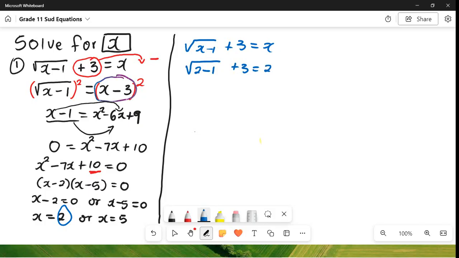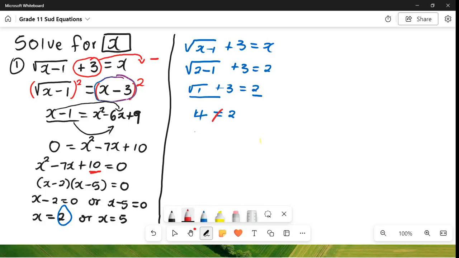So what is 2 minus 1? 2 minus 1 is 1. So whatever we find here must be equal to whatever is on the right hand side. So the square root of 1 is 1. And 1 plus 3 is 4.